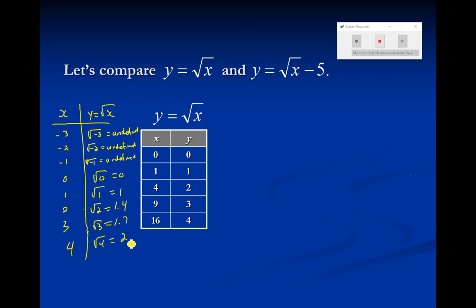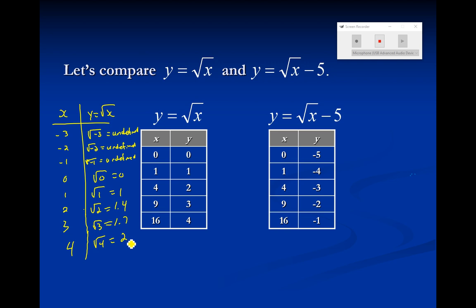Now, from there, we can build a table of values for root x minus 5. And all we do is take the values from root x and subtract 5. 0 minus 5 is negative 5. 1 minus 5 is negative 4. And you just go minus 5 all the way down. That part of today's lesson, I don't think is particularly hard. You're subtracting 5 from all of those.